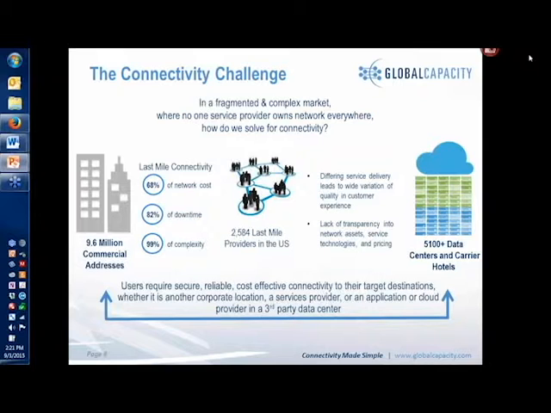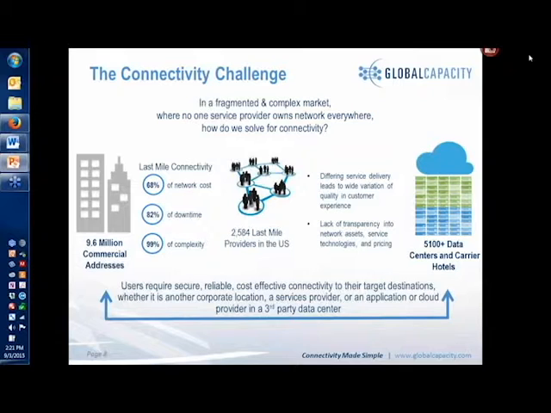One of the things, when you get 2,584 providers, you have a lot of different service delivery time frames, lead times, variations, and quality in your customer experience. And you really have that lack of transparency into how do I figure out who's connected where, who has capacity? If they own that capacity, are they reselling that capacity? Does that capacity or technology meet the needs of my application?